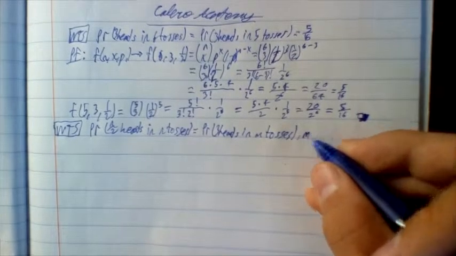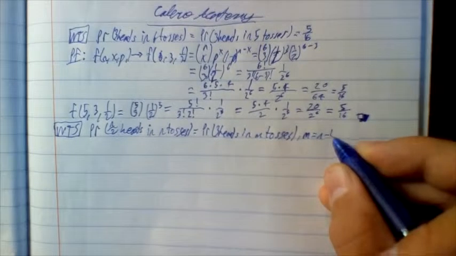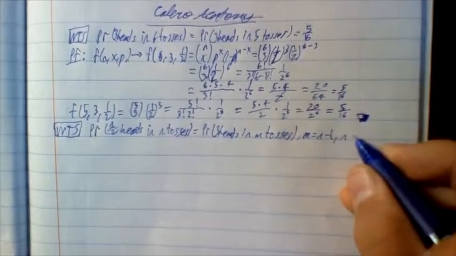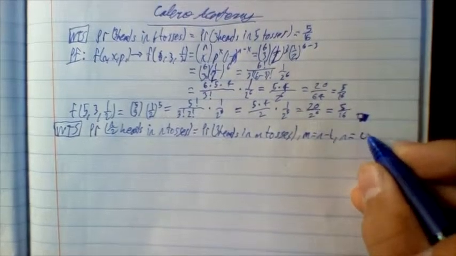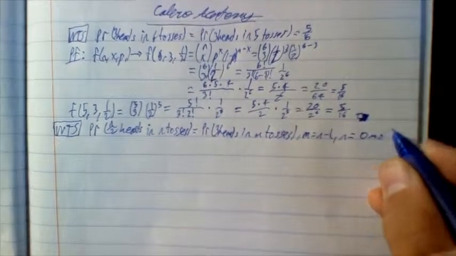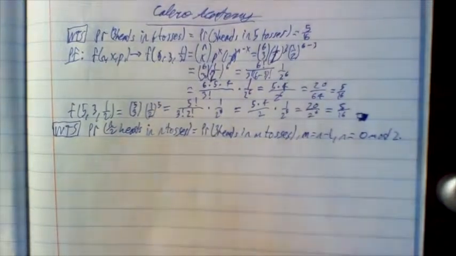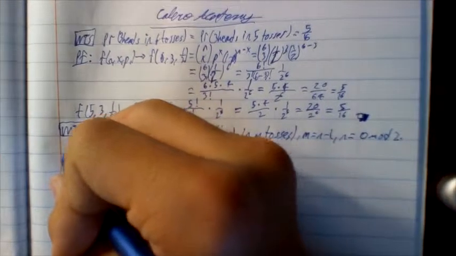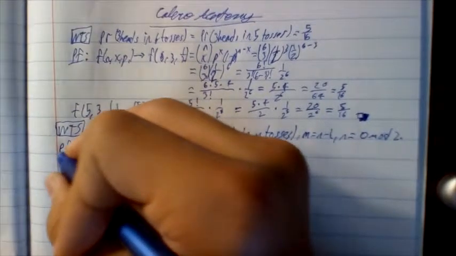And n is an even number, or in a fancy way, 0 mod 2. So, proceeding to the proof.